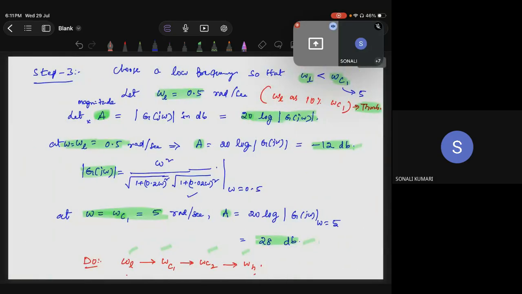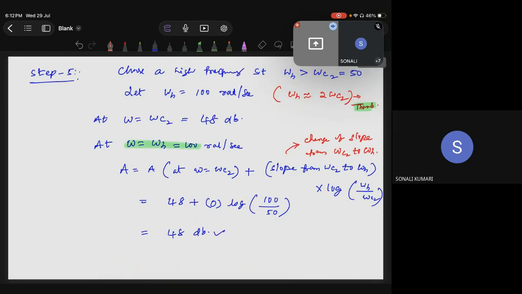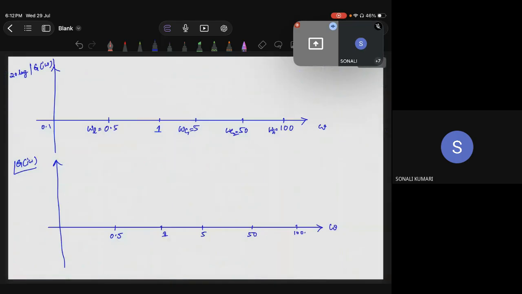Magnitude is minus 12. The next magnitude is 28. The next is 48. The next is 48. So the first magnitude is minus 12, somewhere here. Is this clear? That is the value at this point.